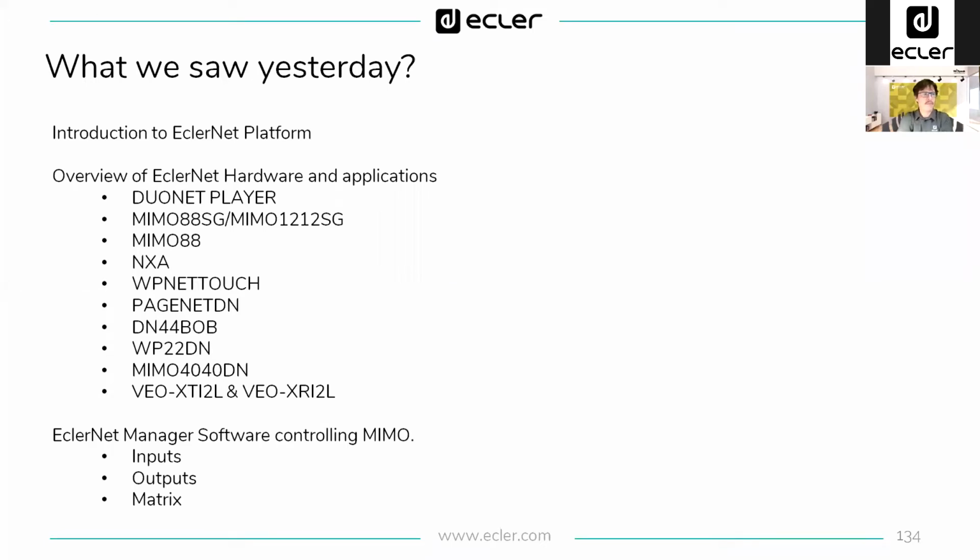Afterwards we started seeing the software, EclerNet Manager, and as I said, we are seeing the MIMO completely, because once you understand the philosophy, understanding the other devices is bread and butter. It's very, very easy. So we started seeing what we have in the input tab, what we have in the output tab, and what we have in the matrix tab.